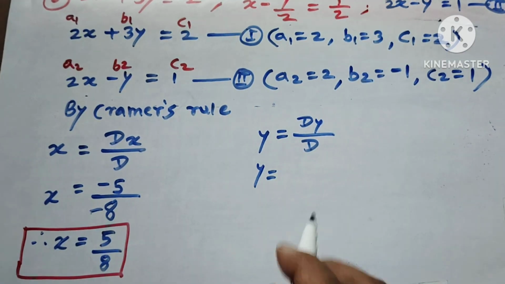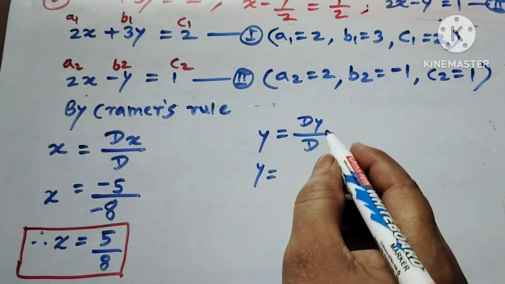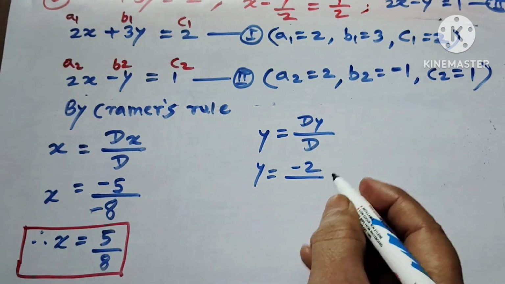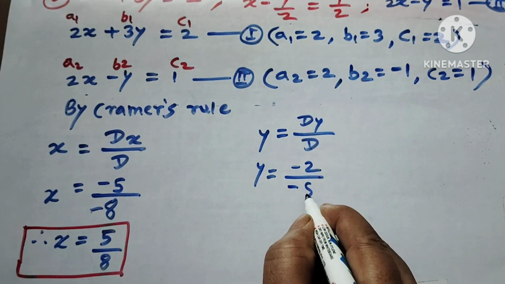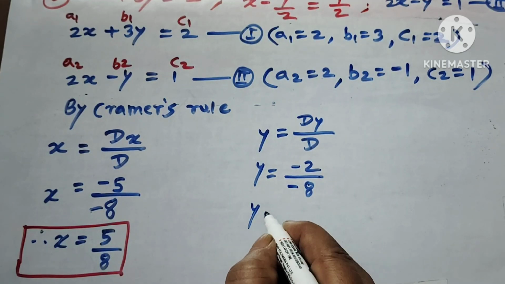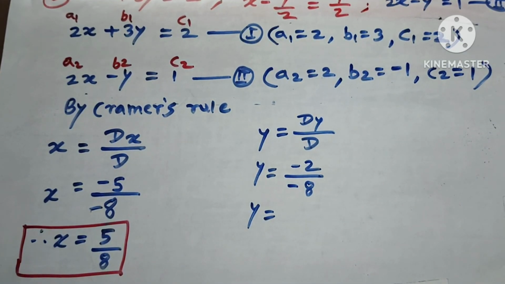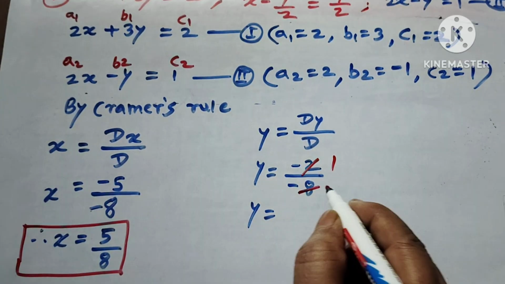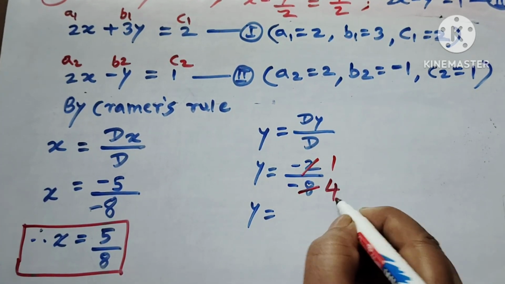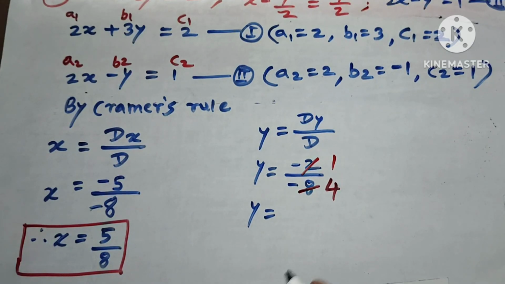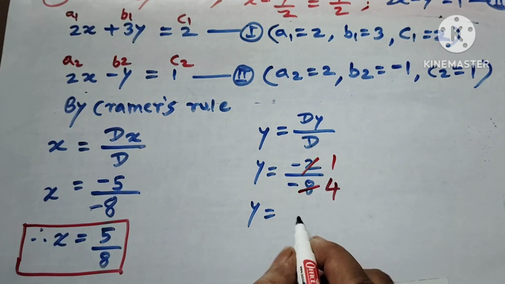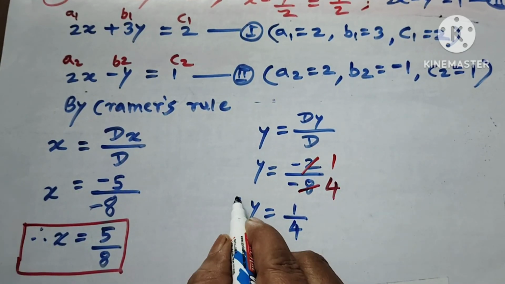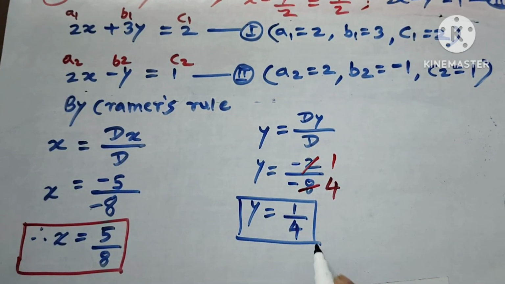Then y is equal to substitute the value of dy minus 2 upon value of d minus 8. y is equal to 2 ones are 2, 2 fours are 8, minus minus plus, is equal to 1 upon 4. y is equal to 1 upon 4.